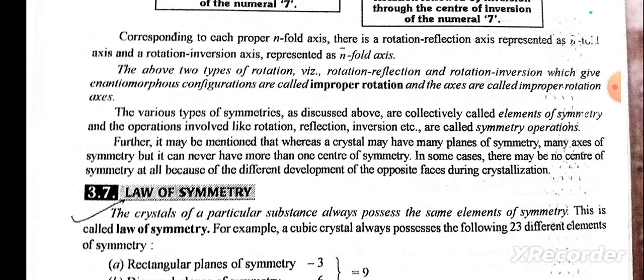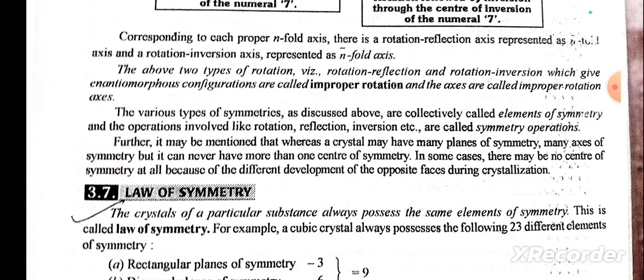Corresponding to the n-fold axis, there is a rotation-reflection axis and a rotation-inversion axis. The above two types, rotation-reflection and rotation-inversion, give an enantiomorphous configuration. These are called improper rotations, and the axis is called an improper rotation axis.